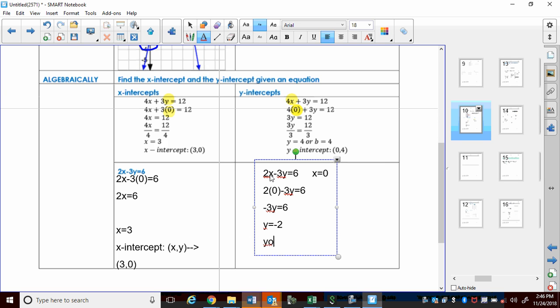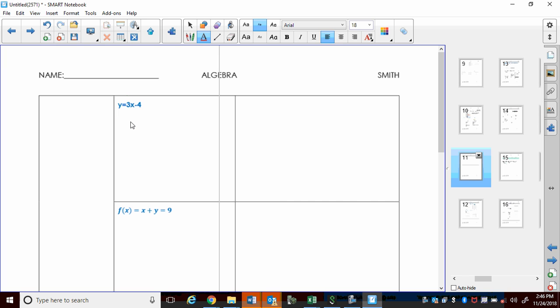Now when we write our y-intercept, you make sure you write it in coordinate notation. We have x, y, and we get 0, -2.